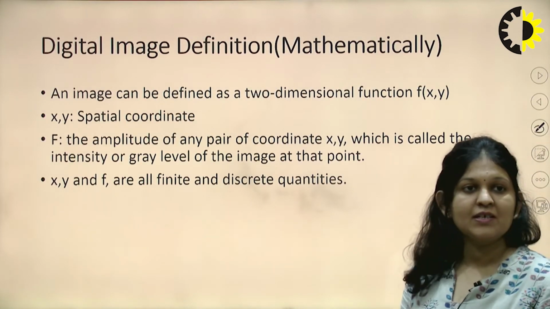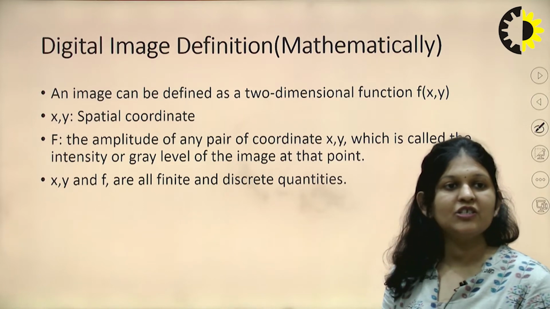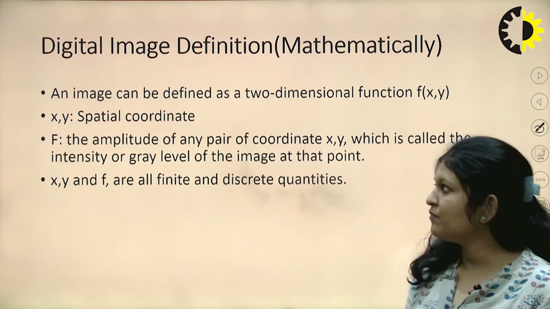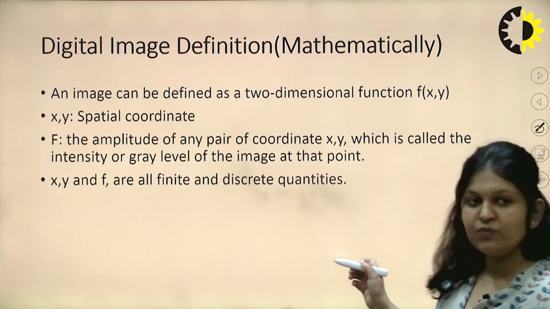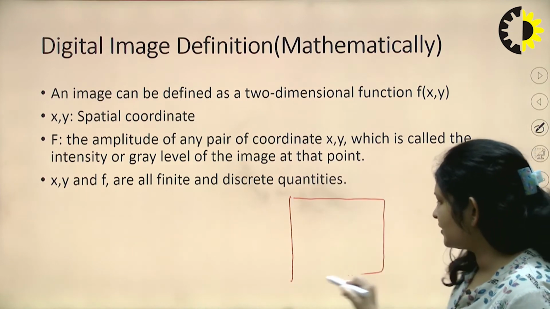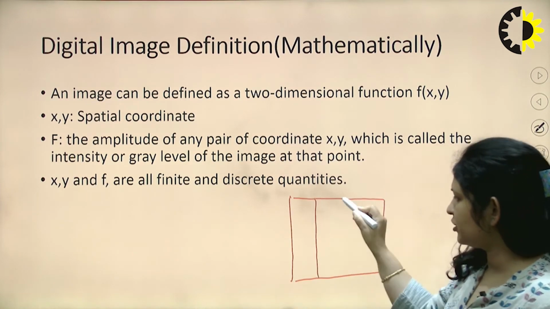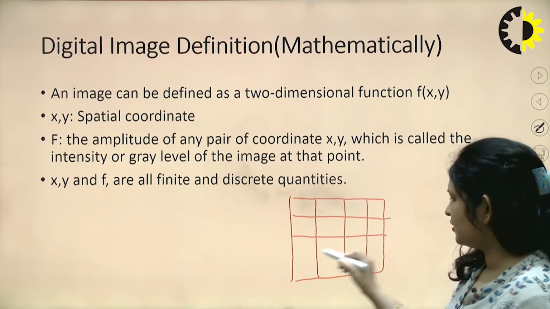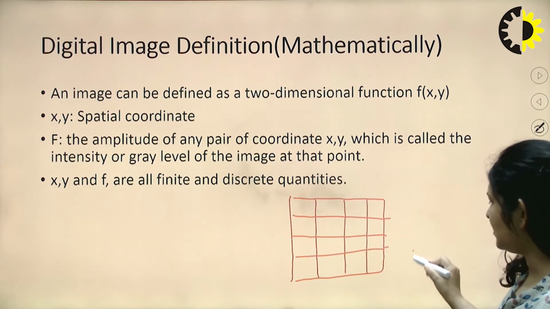The first step we will do is see the digital image definition from a mathematical point of view. When we talk about an image, as we know, the screen is divided into pixels, as we have seen in the first lecture. Say this is my image.